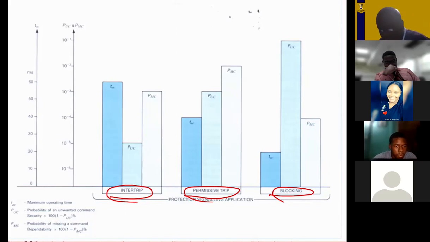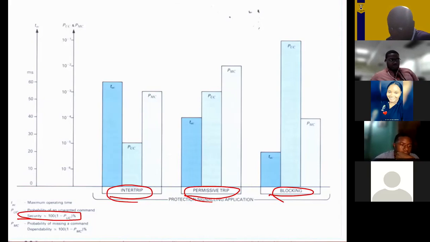So what these graphs are showing you, and I don't know if you can see clearly, but if you look down here, security, remember I said it was just a function of an unwanted signal occurring, right? And dependability was a function of missing a command. So for security, it is 1 minus the probability of an unwanted command occurring.